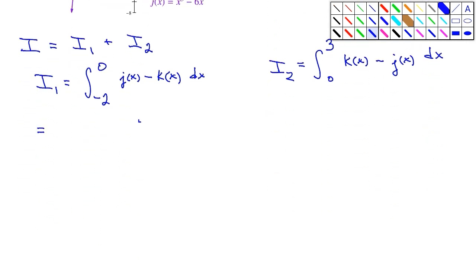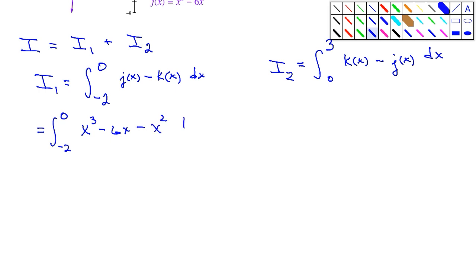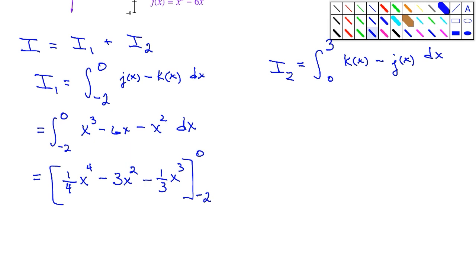So for I1, it's the integral from -2 to 0 of x cubed minus 6x minus x squared dx. Take the antiderivative of that, we get 1/4 x to the 4th minus 3x squared minus 1/3 x cubed, evaluated from -2 to 0.